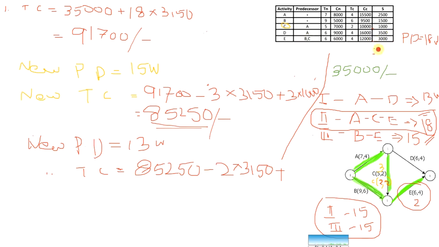How many weeks did we reduce? 2. So 2 into 3000. That will be 85250 minus 2 into 3150 plus 2 into 3000, which is equal to 84950.